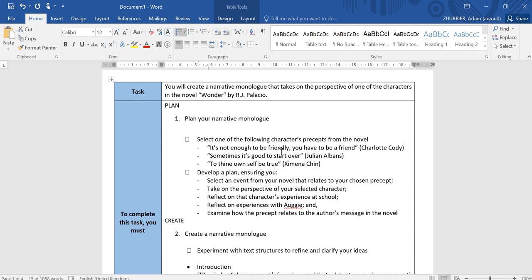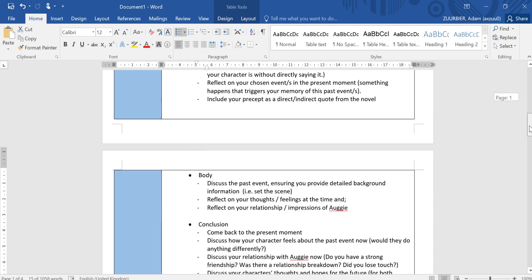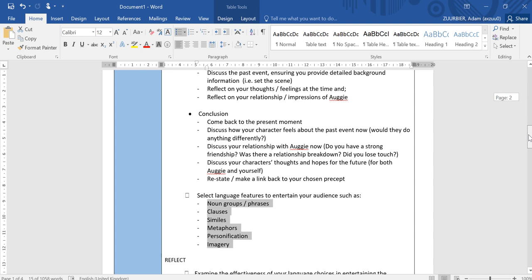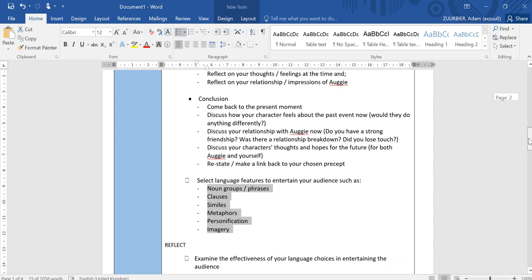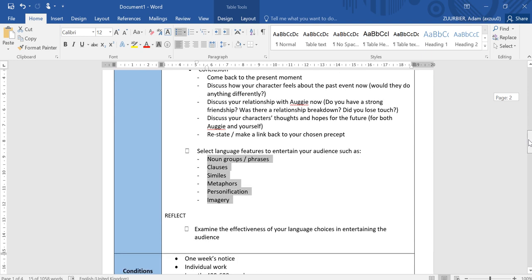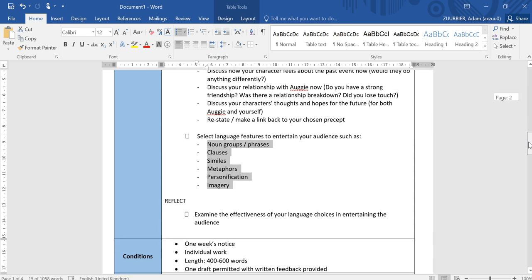The character is to reflect back upon that event, discuss how they feel about it, discuss what they learnt because of that, and discuss how that experience informs how they will feel and what they will do in the future. So they're reflecting back, thinking back upon the event, how they feel about it, and what it means for them and their future.